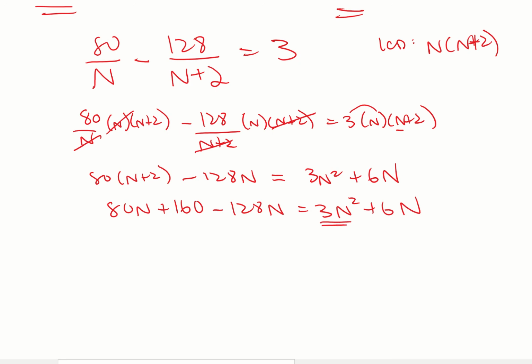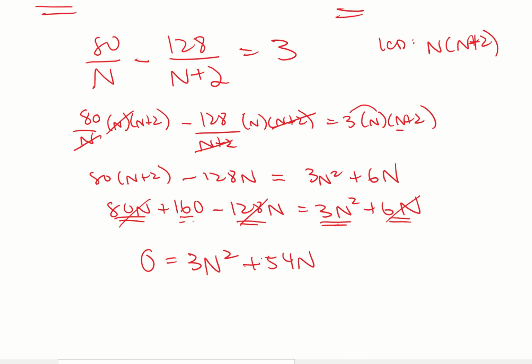Now since the leading coefficient of n squared is positive on the right, I move everything to the right. So here's 0 equals 3n squared. Here is 6n, and then the negative 128n goes to the right. It becomes plus 128n, so 6 plus 128 minus 80 gives you plus 54n.